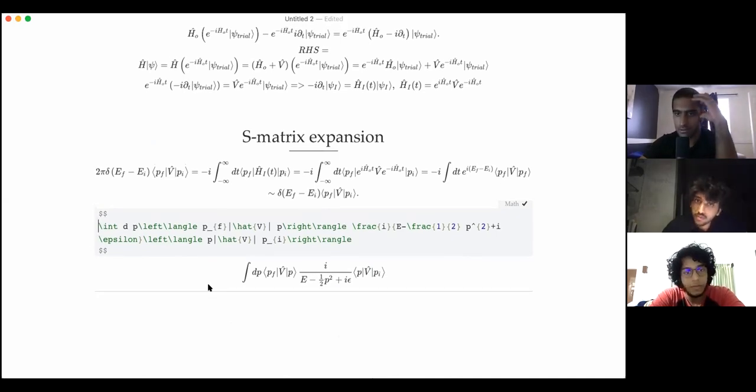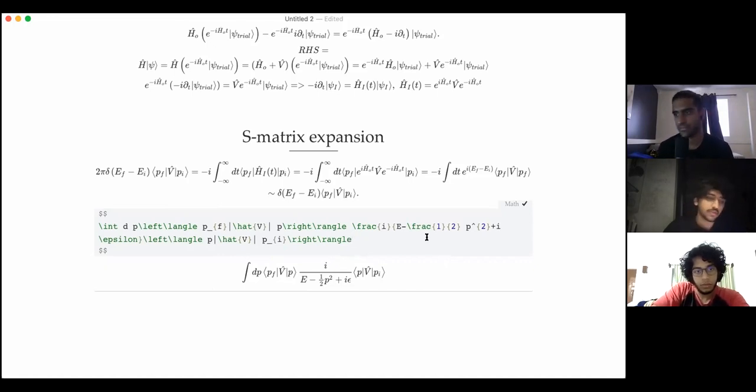So Pradyot had anticipated something, but let's first look at what the second order expansion is. Just clarifying, so that is a DP? Yeah, DP. Very good.